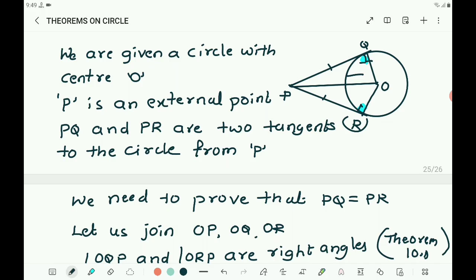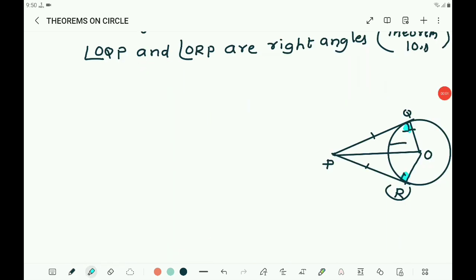How will you prove that two triangles are congruent? According to any one of the congruence rules, we have to prove that the two triangles are congruent. If you prove triangle OQP is congruent to triangle ORP, then naturally you will get PQ equals PR. How will you prove that these two triangles are congruent?